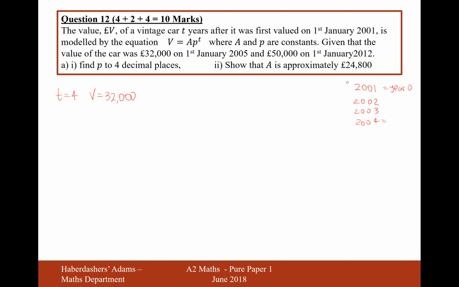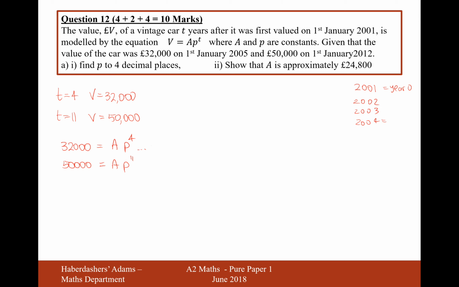And we can spot the pattern that when t is 11, the value is going to equal 50,000. So let's now plug this into the model. We have 32,000 equals a times p to the power of 4, and 50,000 equals a times p to the power of 11.